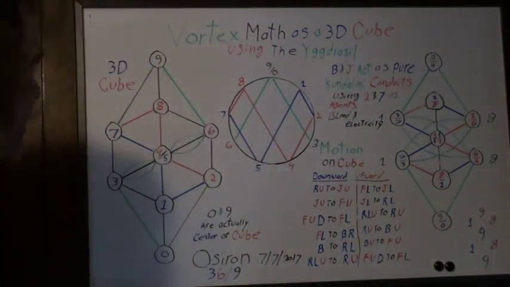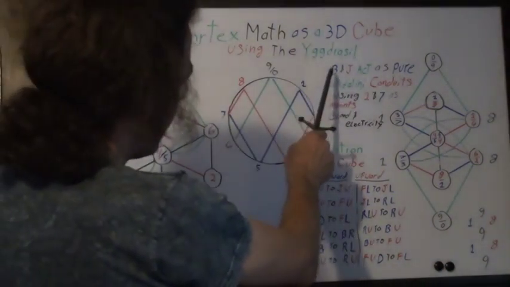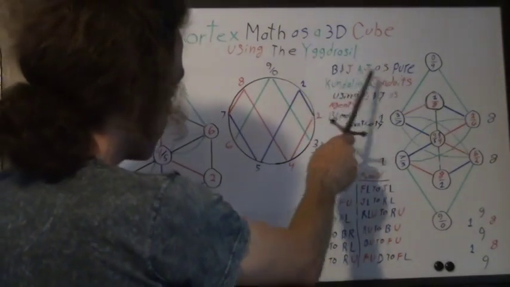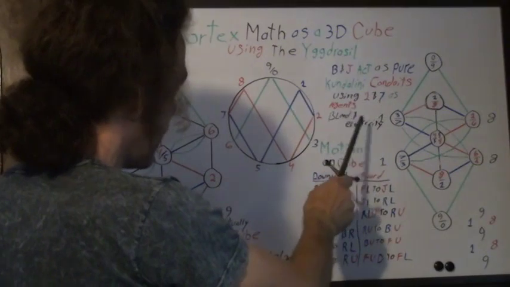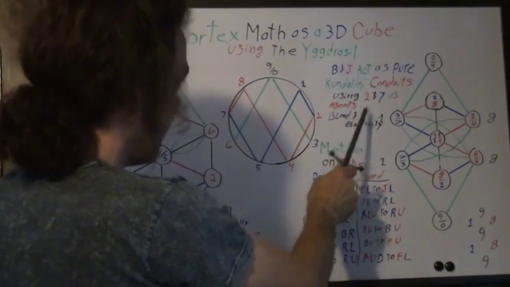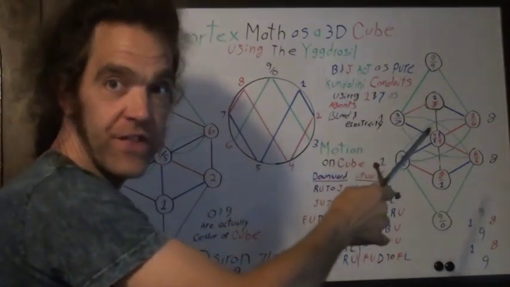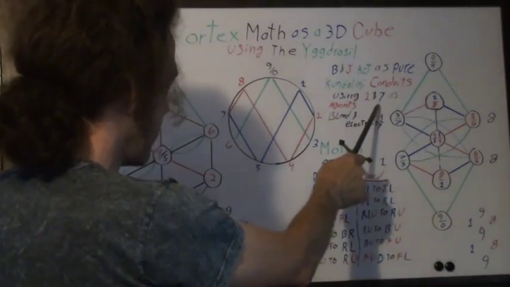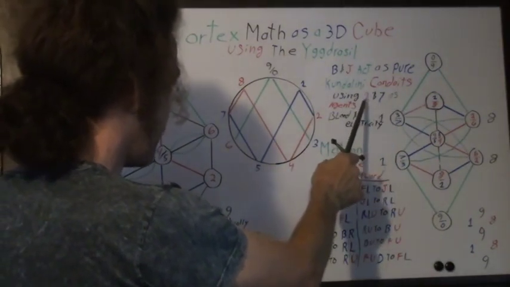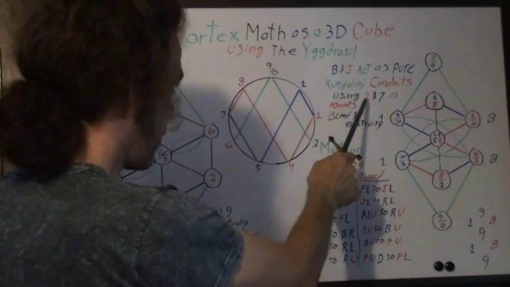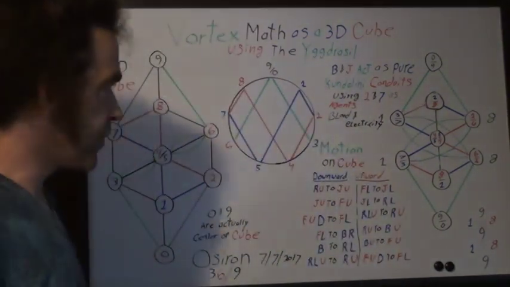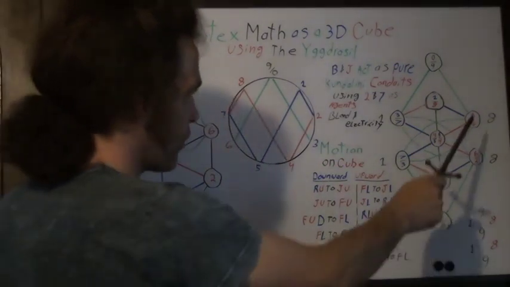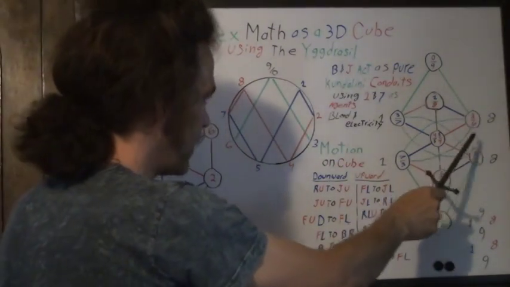And it says here, Boaz and Yakin act as pure Kundalini conduits using 2 and 7 as agents, blood and electricity. The 7, as I've said in this series, represents the fluids of the body, blood, and 2 represents matter in its purest form, electricity. And you're going to notice the Kundalini agents are only these 2, Yakin and Boaz.